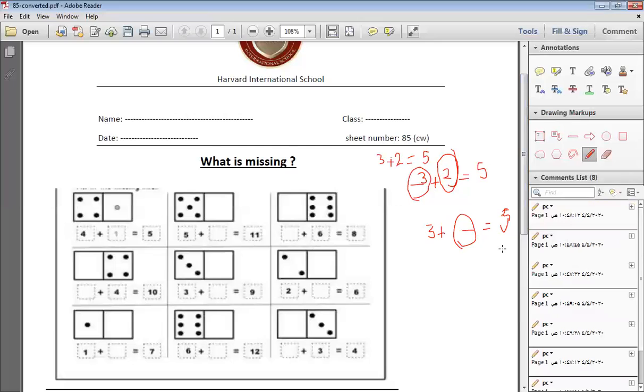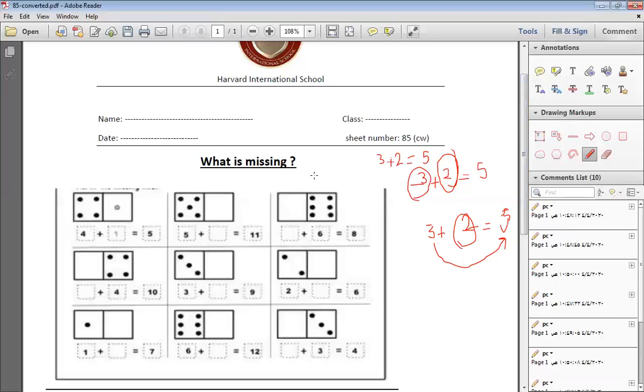No. So when he is not asking about the total and is asking about a missing number in the addition, I will start from the smallest number and count until the bigger number. After the 3, 4, and 5. How many fingers in your hand now? I'm counting from the 3 to the 5. So after the 3, 4, and 5, how many fingers? 2. So the answer here will be 2.